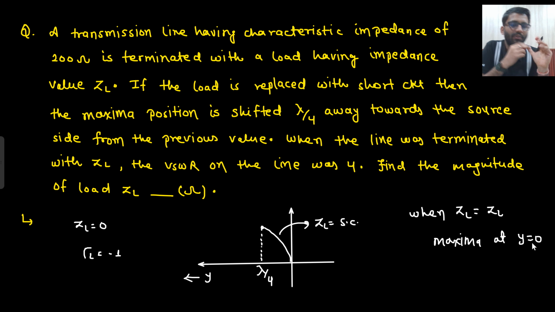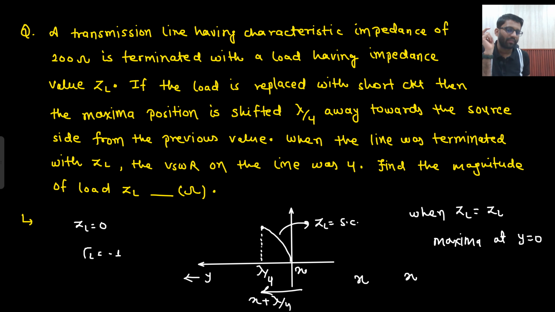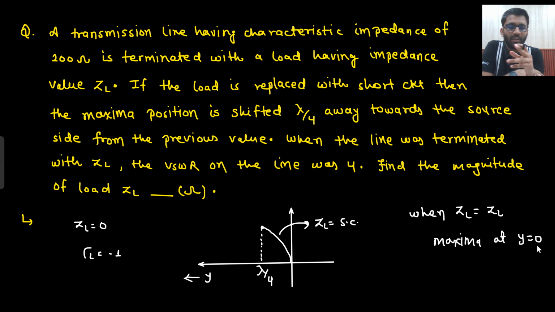Because if it was previously at x, now it has become x plus lambda by 4. So it has been shifted lambda by 4. If you subtract lambda by 4 from here, you get 0 only. So previously I was getting maxima at y equals 0.